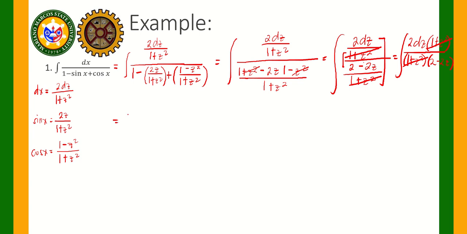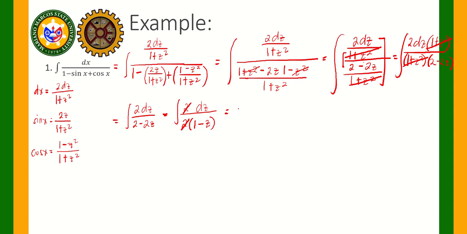And then, this will be equal to the integral of 2dz all over 2 minus 2z. We can simplify this further by factoring out 2, since it is common in the denominator. So, this will be equal to 2dz all over 2 times 1 minus z. And of course, this will cancel.